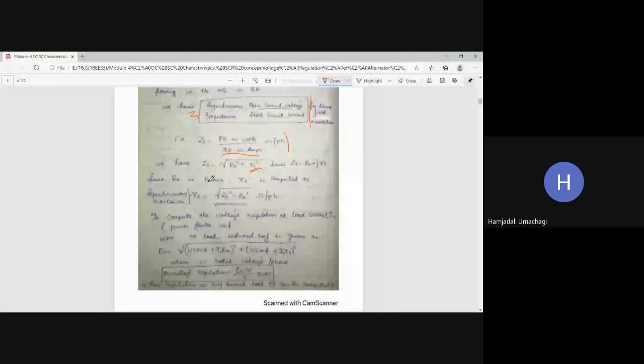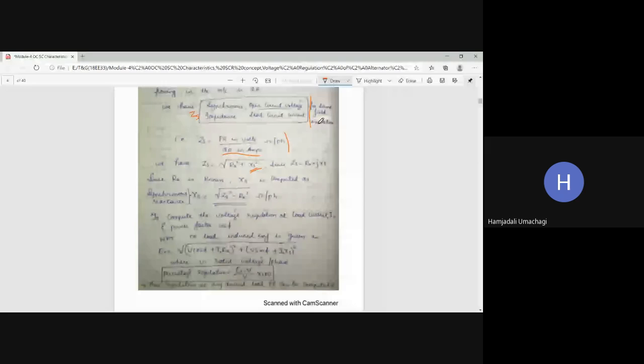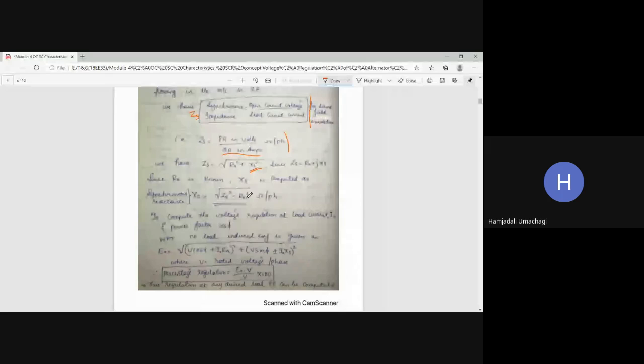So, since RA is known, the synchronous reactance XS is computed as XS equal to the square root of ZS square minus RA square, where ZS is from OCC and SCC information for the same field excitation IF value, and RA is the third step armature resistance. Once you substitute these values, you will get the synchronous reactance XS value.